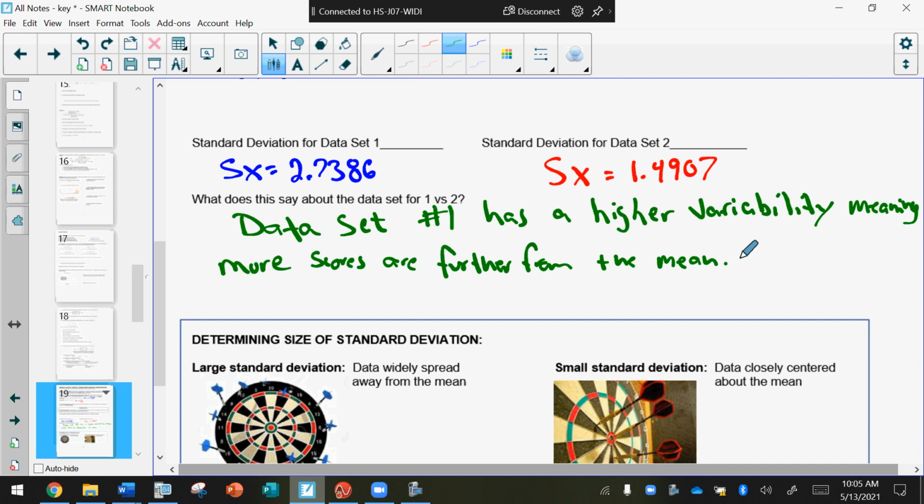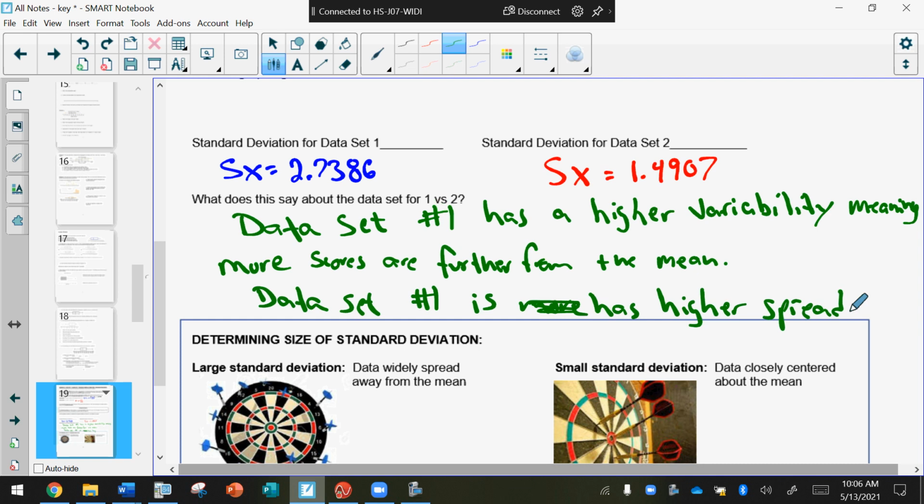So data set number one has a higher variability because it has a higher standard deviation. They're more spread out. Standard deviation is basically telling you whether most of your scores are close to the mean or whether they're spread out more.